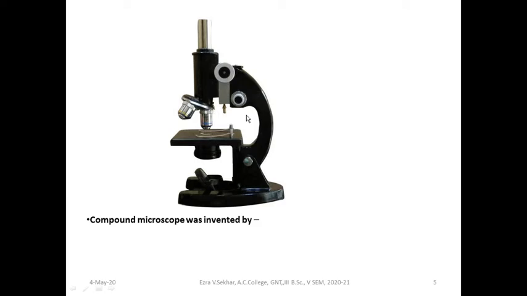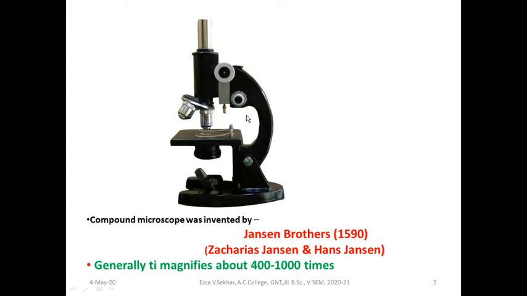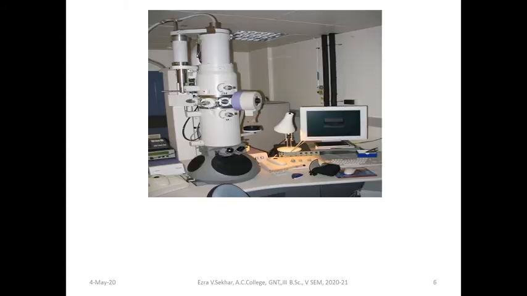In the year 1938, two German scientists, Knoll and Ruska, invented the electron microscope. This is an electron microscope. Instead of a light beam, we use a beam of electrons to magnify the object.